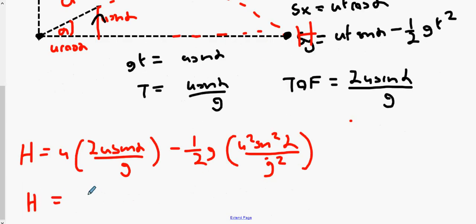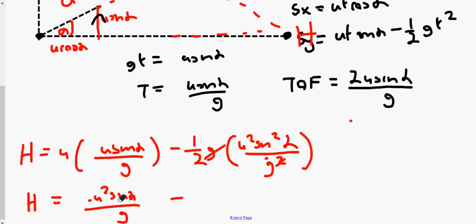You're going to get 2u squared sine squared alpha over g, and the g's cancel. Sorry, look at that, I used the time of flight, not the time for the highest point. So there is no 2 there.